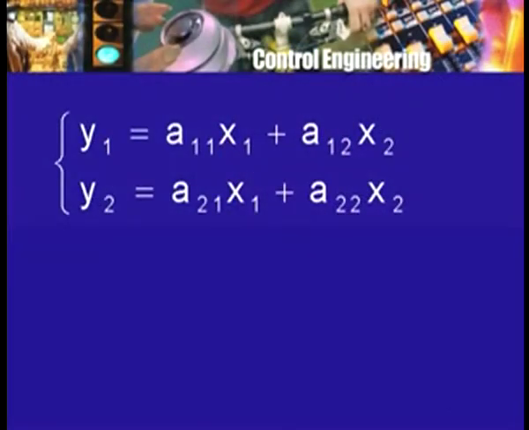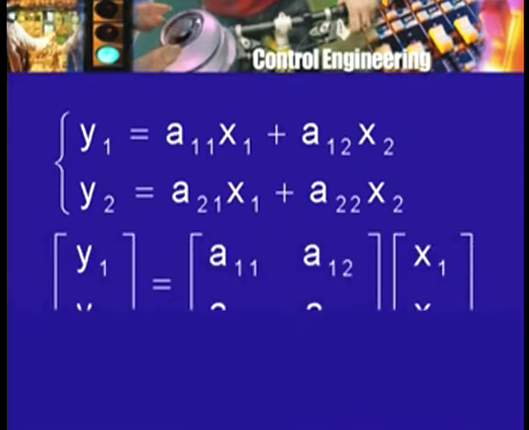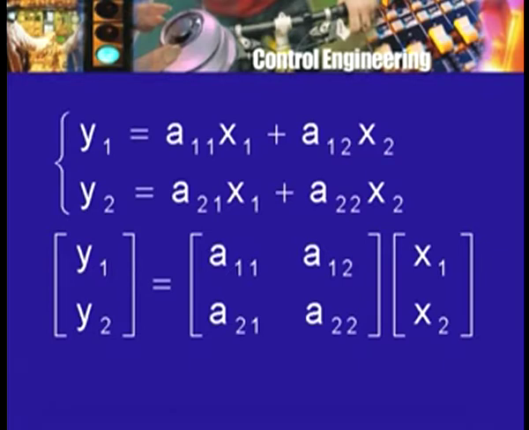So, let me take an example of a system with two inputs and two outputs, and this kind of description of course is already familiar to you. Two inputs x1 x2, two outputs y1 y2, and they are given by two equations of this kind. And as you know, one learns to write this in a more compact form, or it is not really compact, but it leads to very new ideas in the form of a matrix of coefficients.